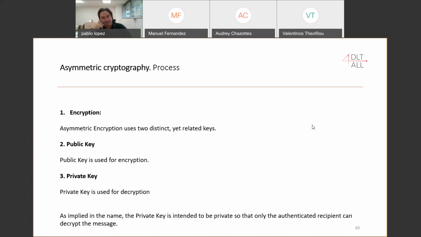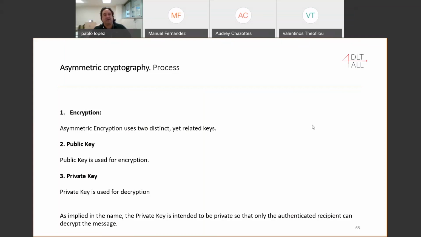This private key, in the first use case of blockchain, Bitcoin, is very important to understand, because in cryptocurrencies the private key will be the key to access your cryptocurrencies.